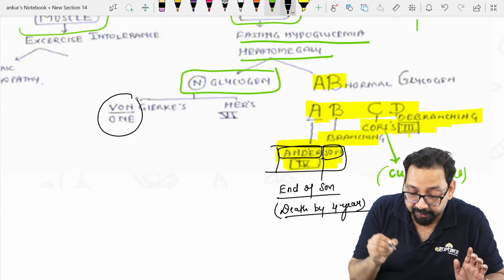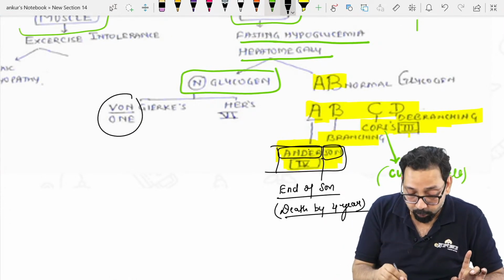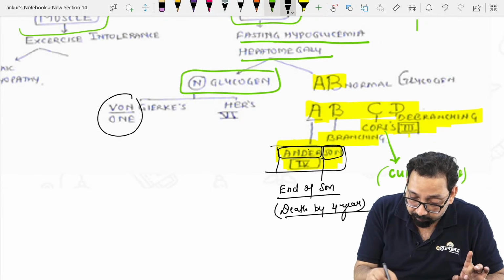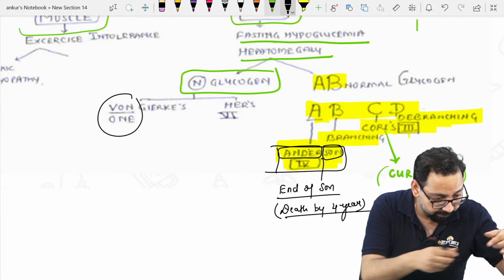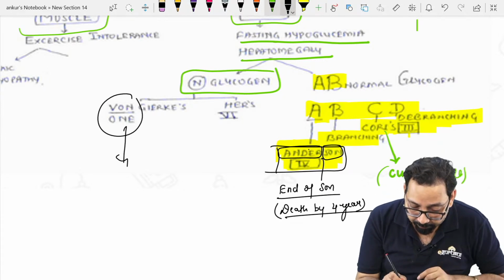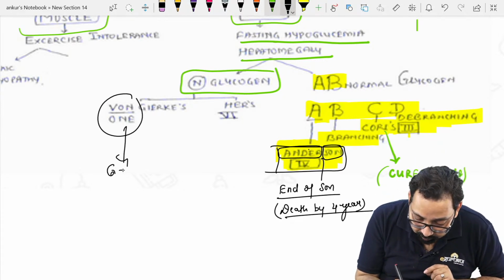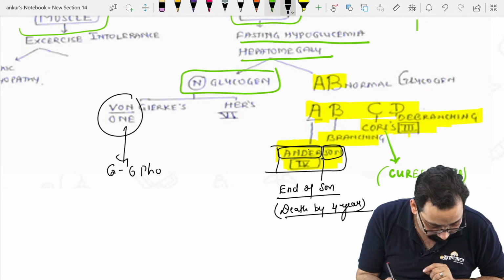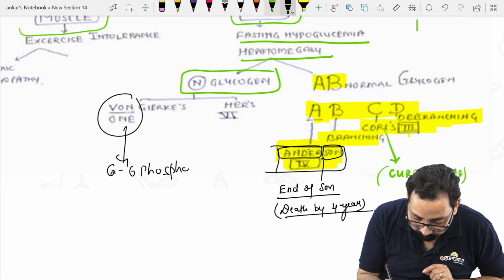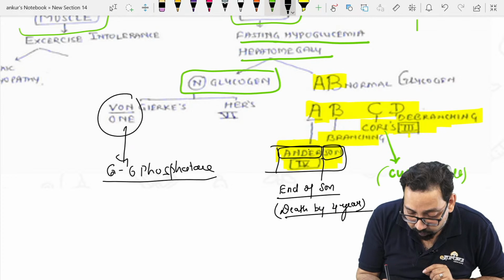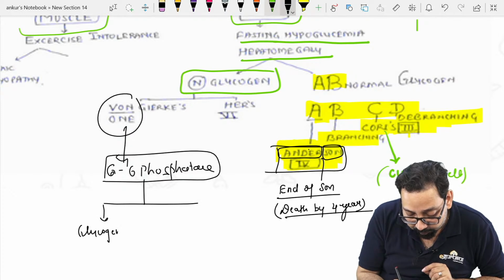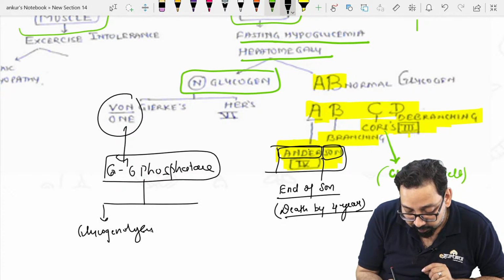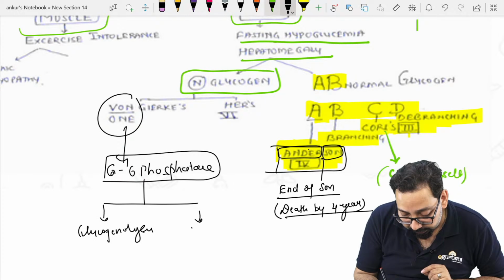Von itself tells you type 1. In type 1, which enzyme is deficient? That is glucose 6 phosphatase. Glucose 6 phosphatase is the enzyme for both glycogenolysis and gluconeogenesis.